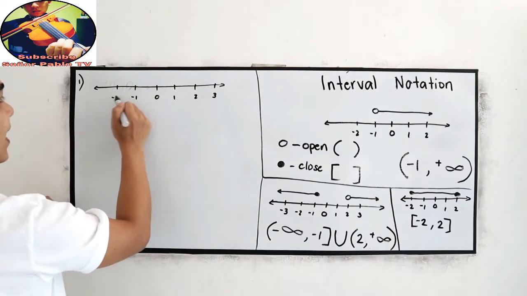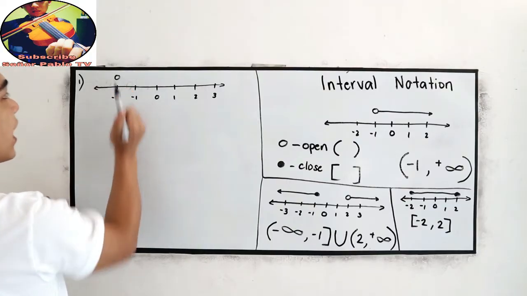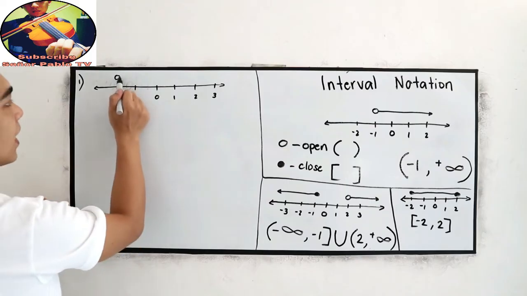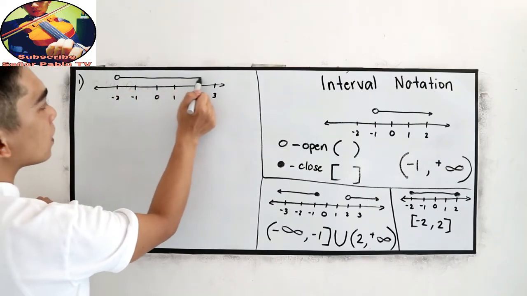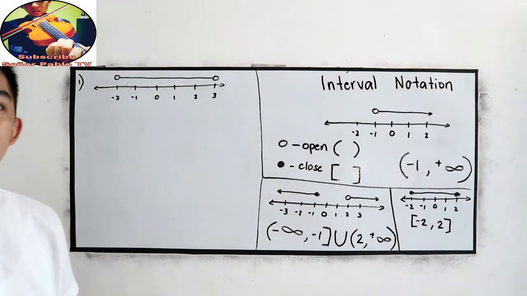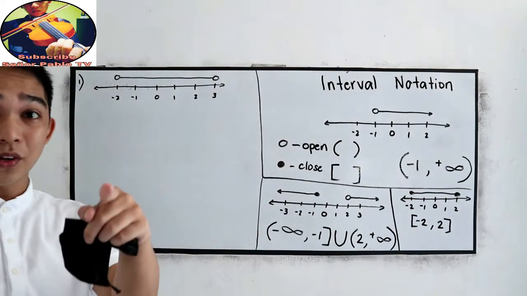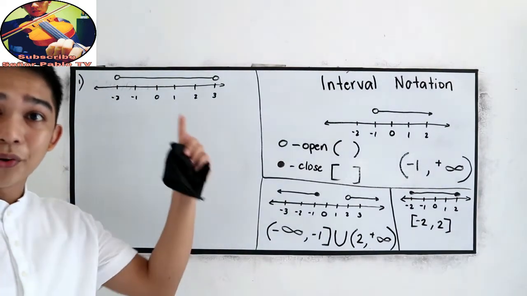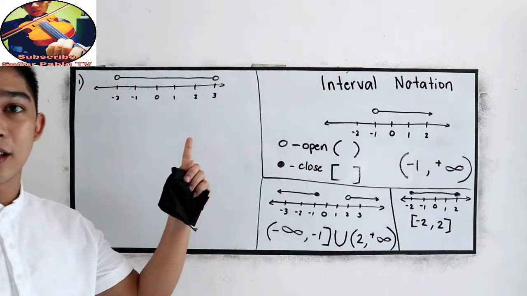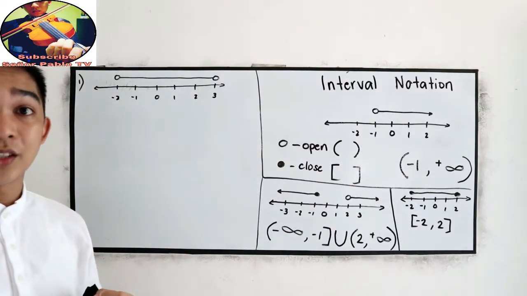Negative 1, negative 2. Open to negative 2, then open to negative 3. You can pause the video if you want to try this one. And after answering, you can resume watching the video.